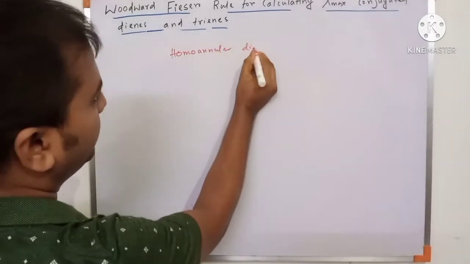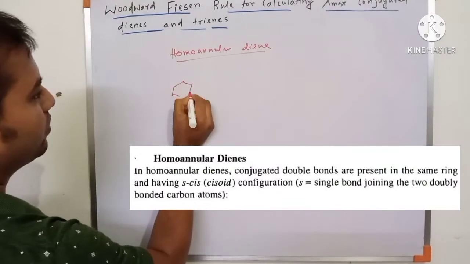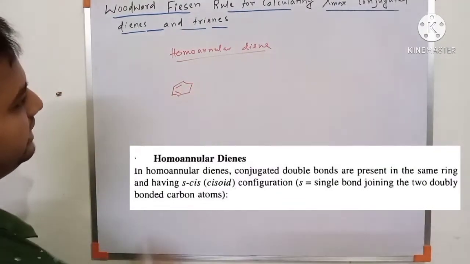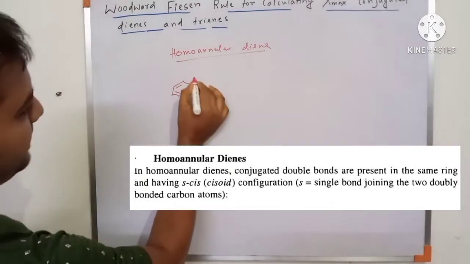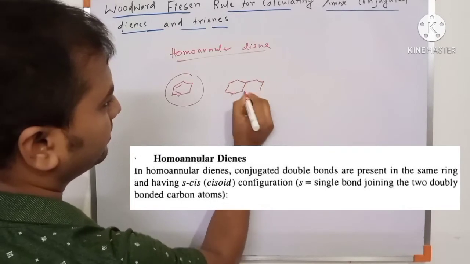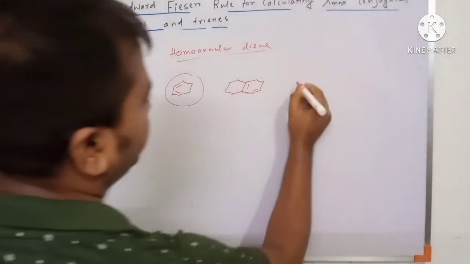Homoannular diene: the conjugated double bonds are present in the same ring, and this is the S-cis configuration. Another example is also homoannular diene.